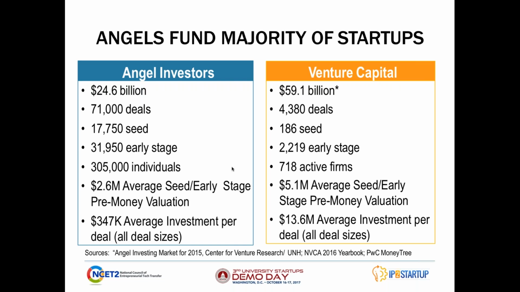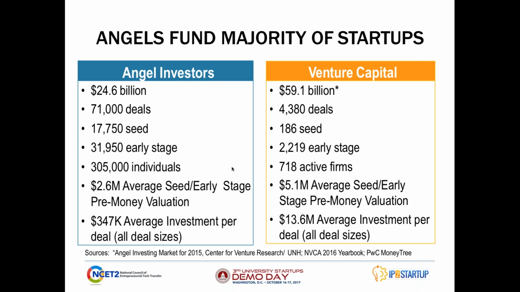So what's the difference between an angel investor and venture capital, which is better known and really gets a lot of the press? The dollar amounts sometimes are closer, but now they're about 25 billion versus 60 billion. During earlier parts of the decade, it actually was closer.